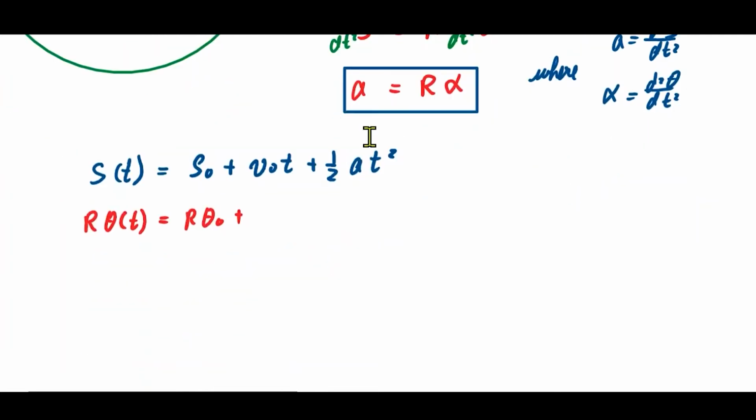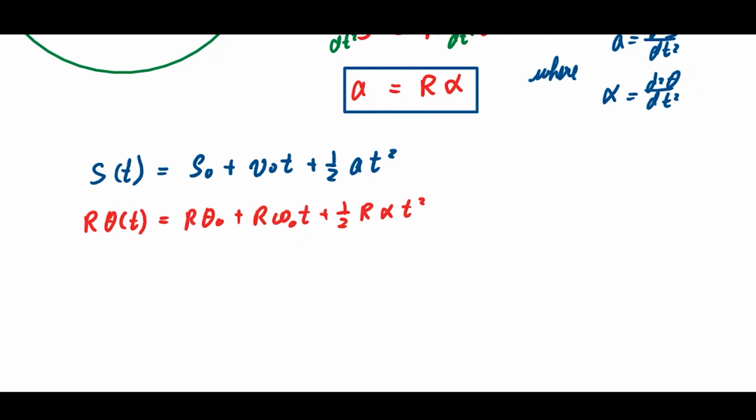So plug that in: R omega naught t, because that's the original velocity, and then plus 1/2 a, which is R alpha, t squared. Are you with me?